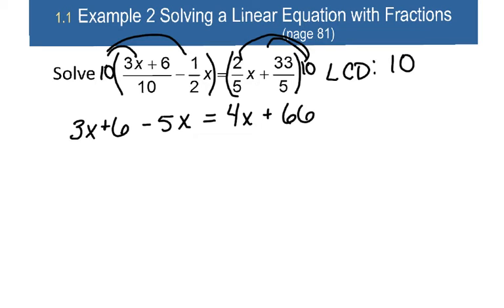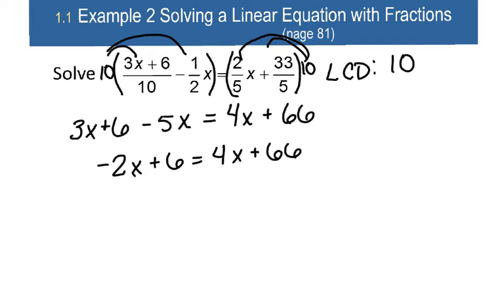Now here we have a linear equation that we can more easily deal with. Just like before in the previous example I showed you, we're going to combine like terms. On the left side of the equation, we have a 3x and the minus 5x to combine. That gives us a negative 2x plus 6. And there's nothing to combine on the right side of the equation.